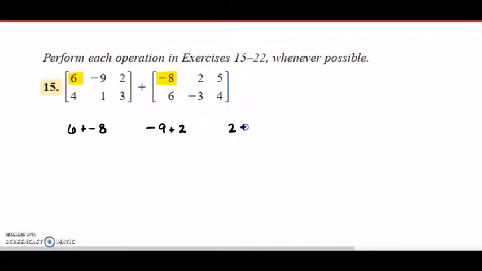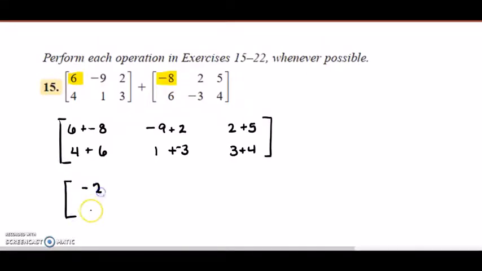My third is going to be 2 plus 5, or I should say this is 1, 1, 1, 2, 1, 3. Then 2, 1 is 4 plus 6. 2, 2 is 1 plus a -3. And 2, 3 is 3 plus 4. So that's how I can show my work. And then I get -2, and that's my final matrix once it's added.